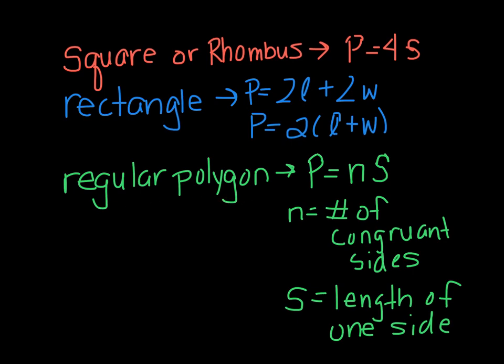A regular polygon is P equals N times S, where N equals the number of congruent sides, and S is the length of one side. Make sure you have these written down. You can pause the video, write these down, and then push play for the next slide.